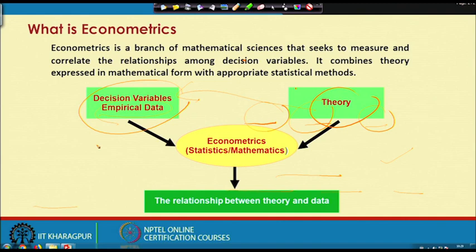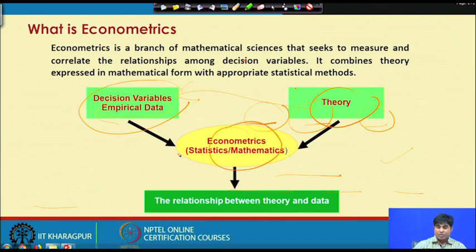So, on the one part it is theory, and the theory will give you the structure of decision variables. So, we then need data and techniques, and in the technique basket is what we call econometrics. So, this is the techniques basket.